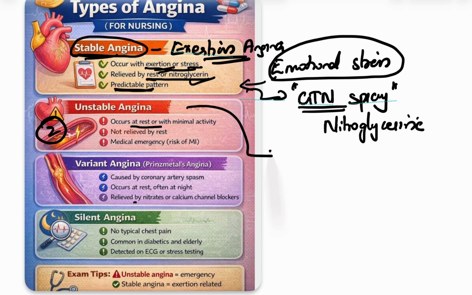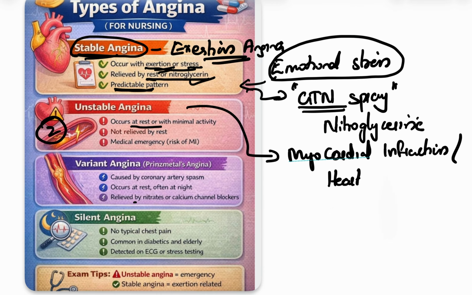Unstable angina can sometimes lead to myocardial infarction. Myocardial infarction, we all call by another name, heart attack. So in most cases, the unstable angina comes as a pre-infarction chest pain. That means the patient is at risk of getting myocardial infarction.